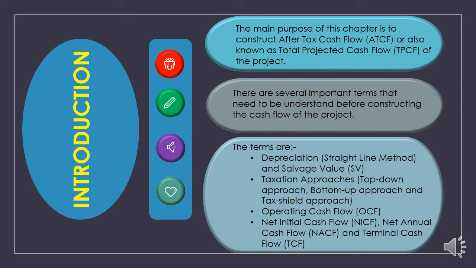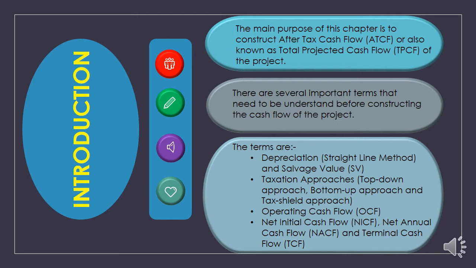As an introduction, the main purpose of this chapter is to construct the after-tax cash flow, ATCF, also known as the Total Projected Cash Flow, TPCF, of the project. There are several important terms that you need to understand before constructing the cash flow of the project. The terms are, first, depreciation under the straight line method, and salvage value, SV.